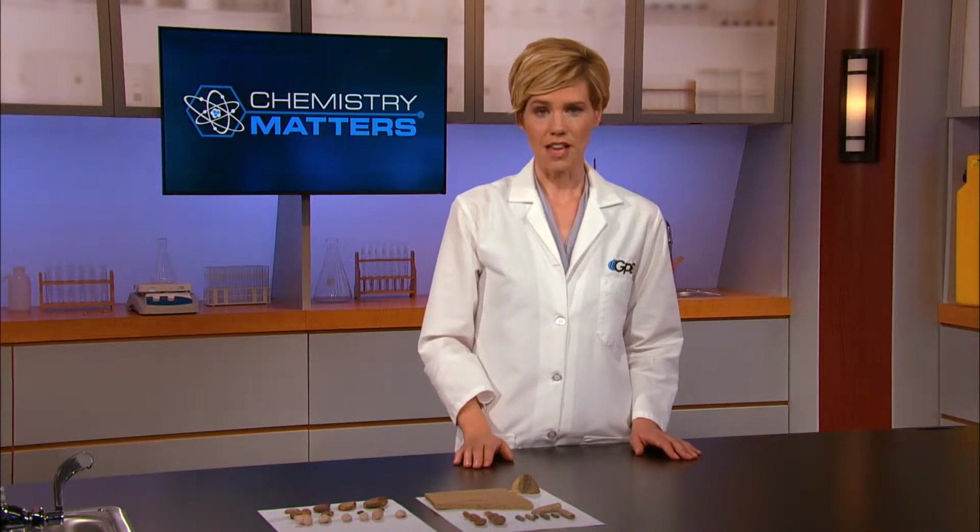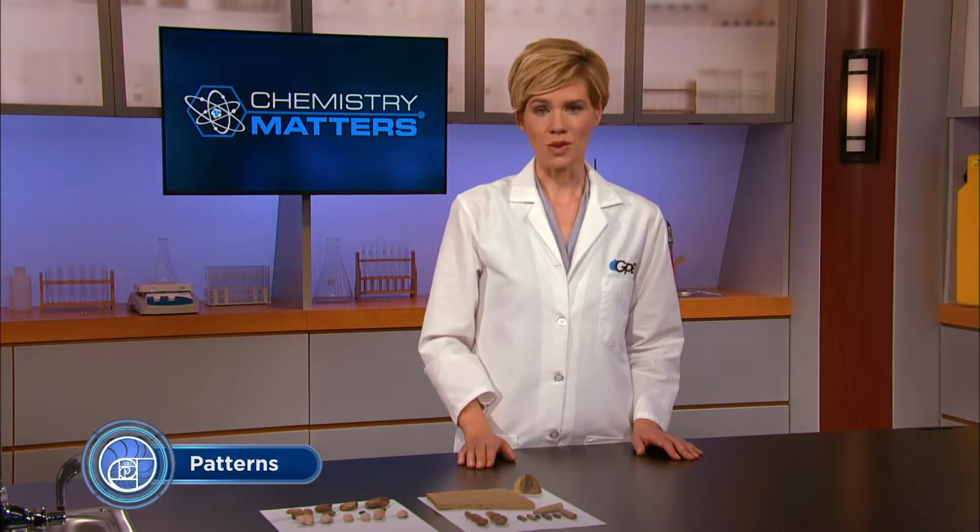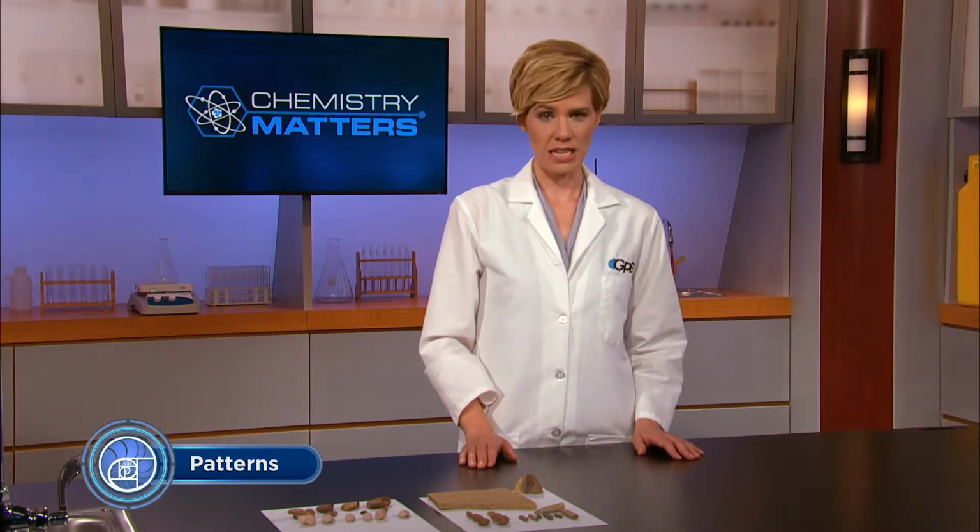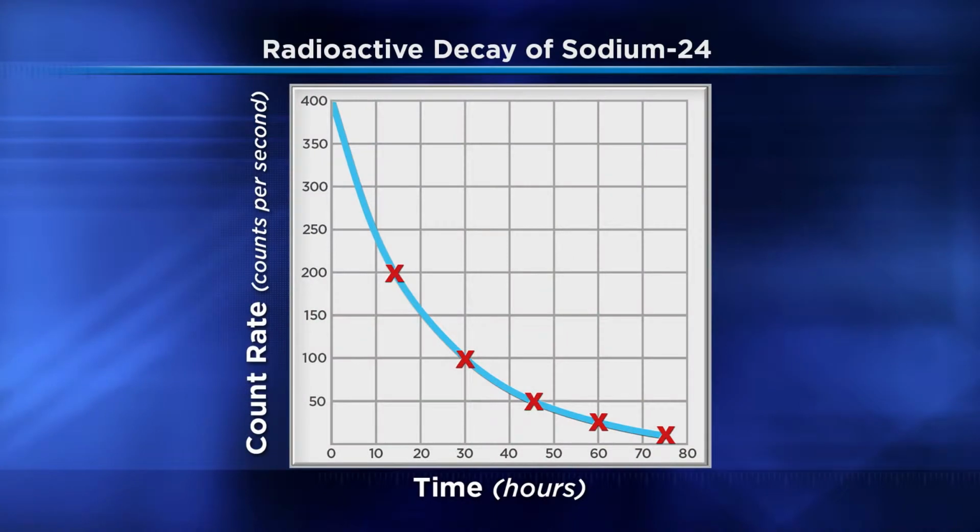Mathematically speaking, they found that all radioactive materials go through radioactive decay at a rate that changes exponentially. Frederick Soddy found each radioactive isotope has a specific half-life that helps us predict the amount of time needed for half of the atoms in a sample to undergo nuclear decay. Look at this graph of the half-life of the radioactive isotope sodium-24.